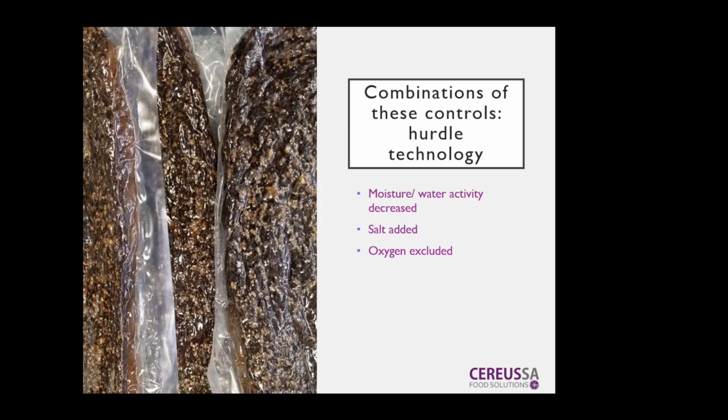So a lot of our pathogens will not be able to grow there. We've also added a lot of salt and spices, which further prevents microbial growth. And by vacuum packing it, we also excluded oxygen. So we've applied more than one control measure in order to preserve this product that otherwise would have spoiled very quickly.